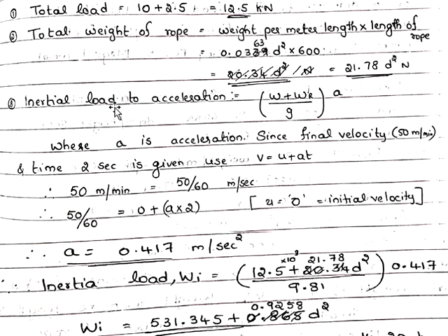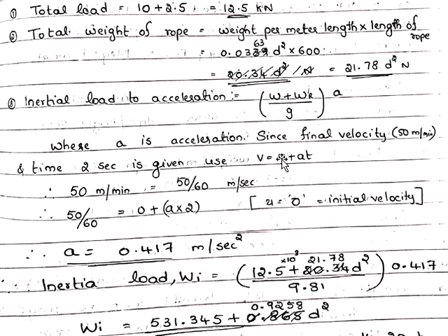Step number 3, inertial load due to acceleration. The equation is M into A, where M value is W from first step plus W from second step divided by acceleration due to gravity G, into A. To find out the acceleration, identify whether equation number 1 is to be used or 3 is to be used. When final velocity and time are given, use the equation V is equal to U plus AT.